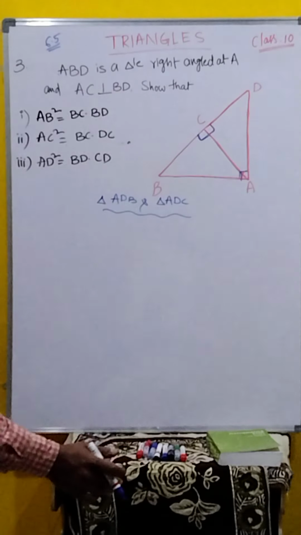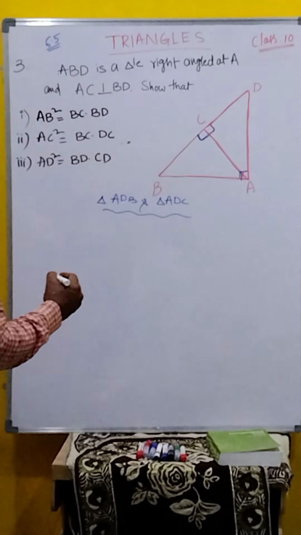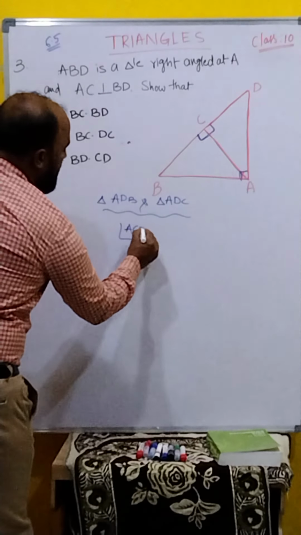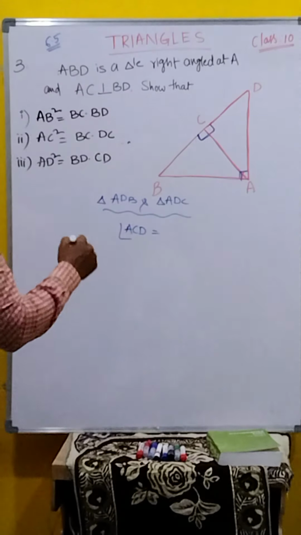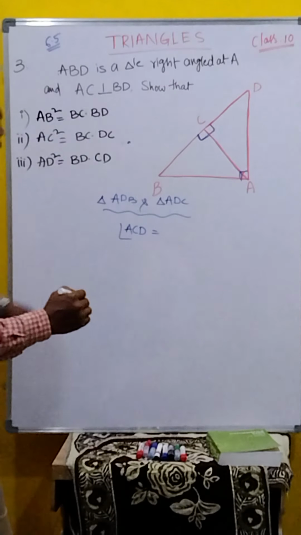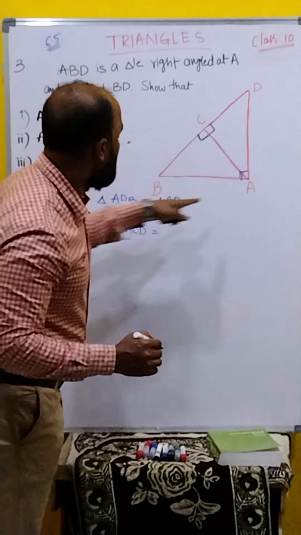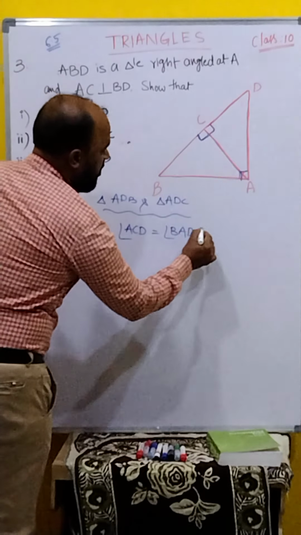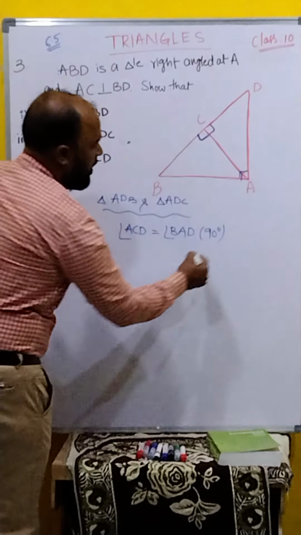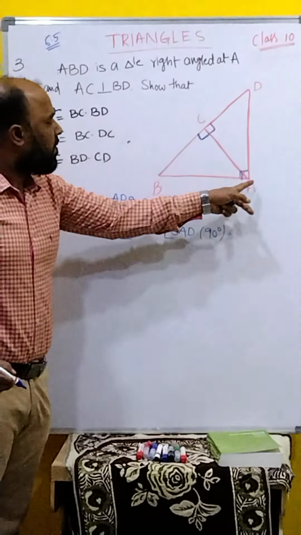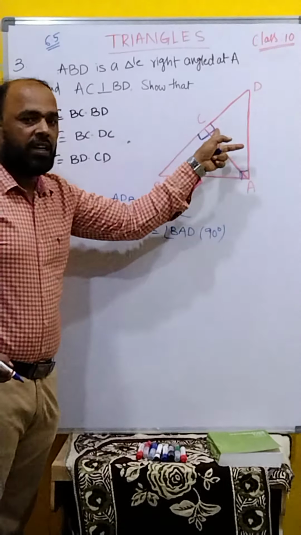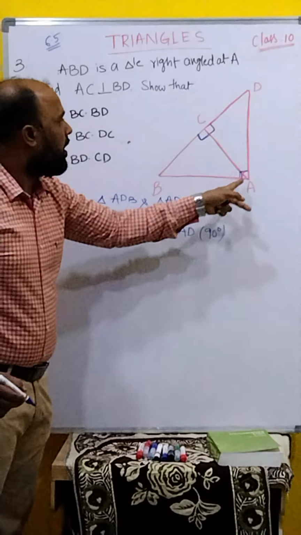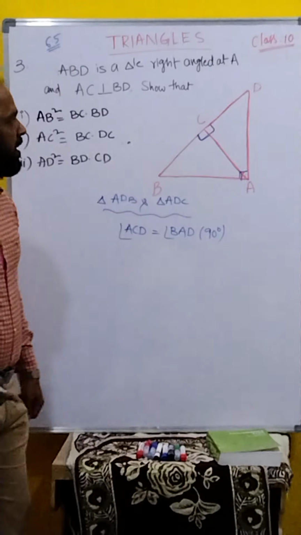In this, two angles are the minimum required. Two are given already. The first one is 90 degrees, angle ACD. Angle ACD is equal to angle BAD, both are 90 degrees.